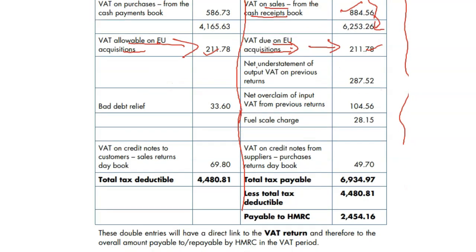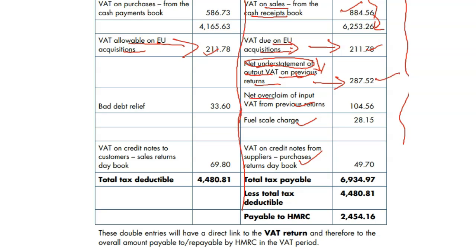Then net understatement. These are some adjustments. This is an adjustment. Even fuel scale charge is an adjustment. Net understatement of output on previous return. Understatement means we showed less VAT on output in my last return. Now we are adding it to the output to make it higher.